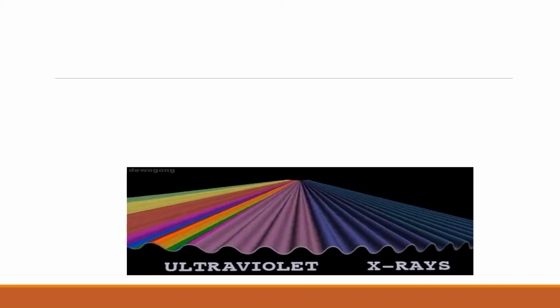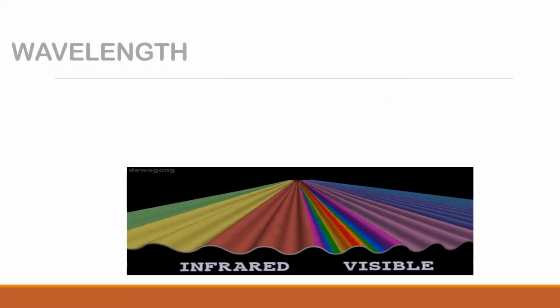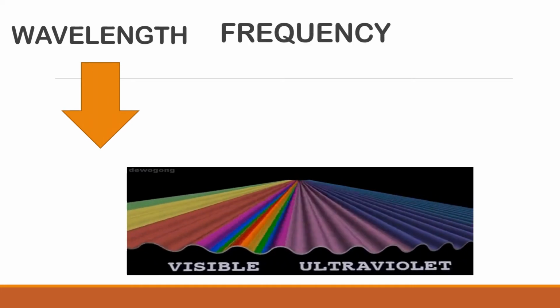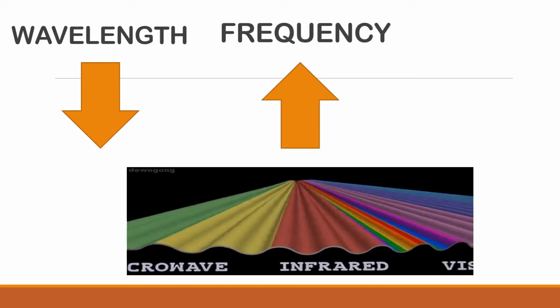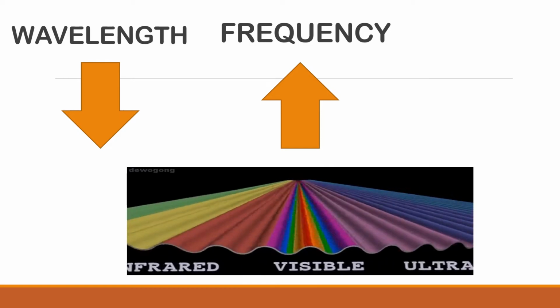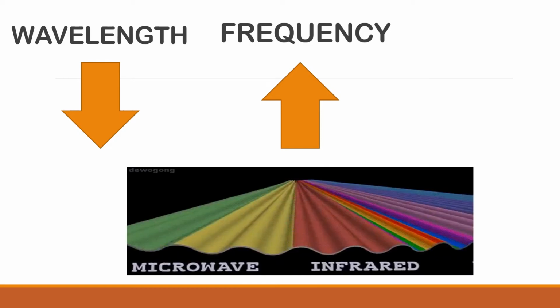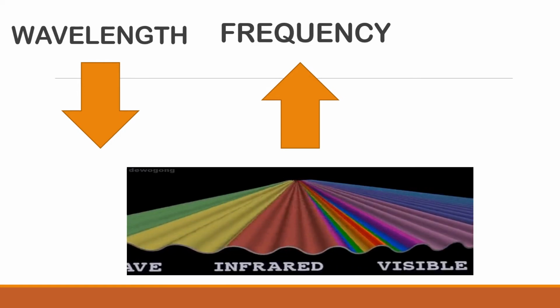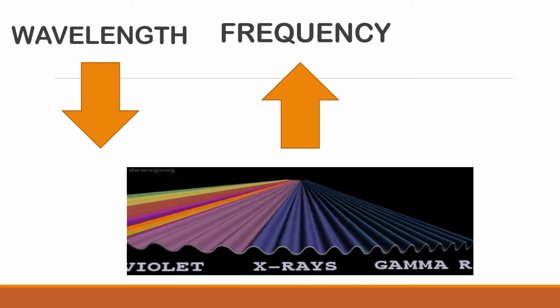For waves in any medium, as the wavelength decreases, the frequency increases. So, what is the relationship? Excellent. They are inversely proportional. Waves with the longest wavelength have the lowest frequencies.